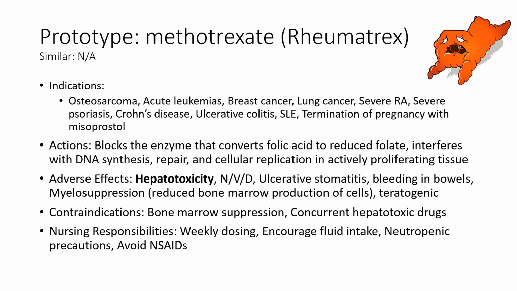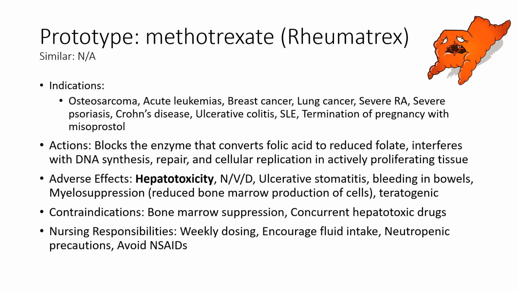Folate is required for cell division and DNA synthesis and repair. That's why it's called an anti-metabolite, because it's blocking the production of folate, and folate is the metabolite. Because it's blocking that, it's stopping cellular division and slowing down rapidly dividing cells such as cancer.